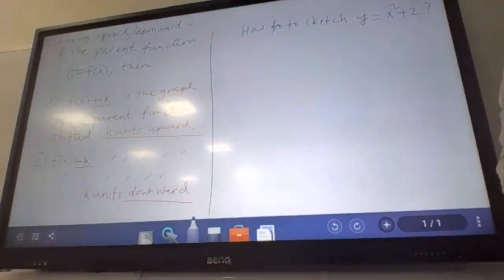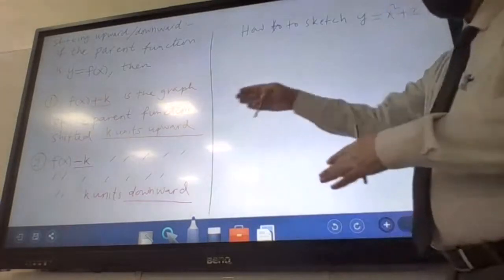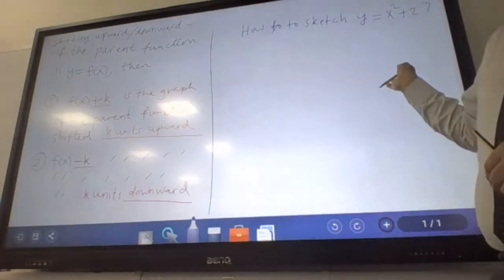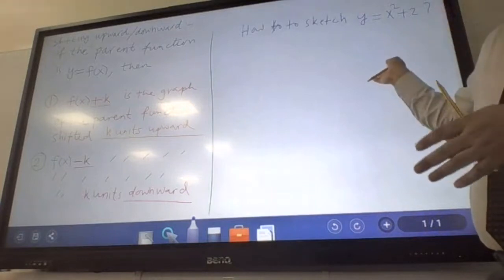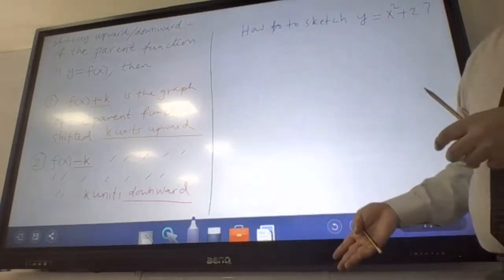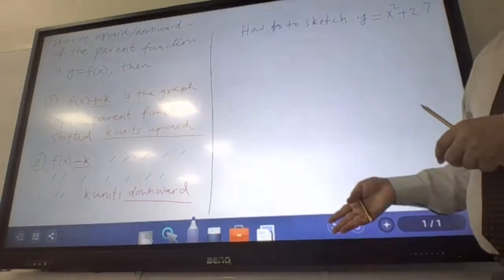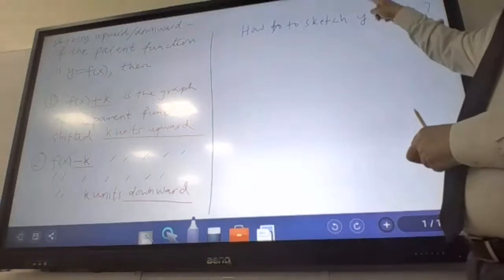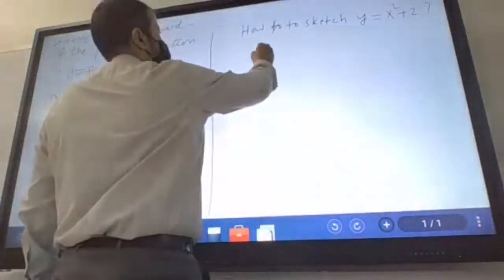First, you have to know what's the parent function. The parent function in this case, you choose out of the five functions: x squared, x cubed, radical x, cubic root of x, and absolute value of x. So the parent function is clearly y equals x squared.